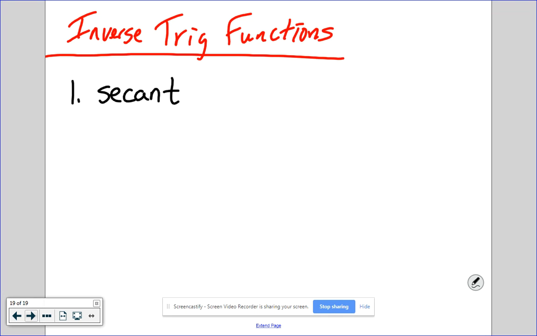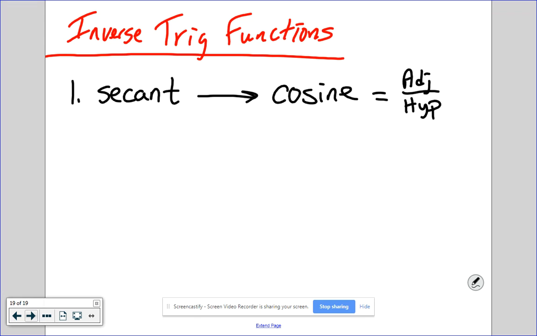Secant is the inverse of cosine. And what do I mean by inverse? Opposite. So it just flips in this case. If cosine is adjacent over hypotenuse, then secant is hypotenuse over adjacent. You just flip it.